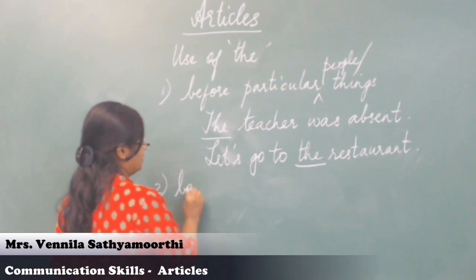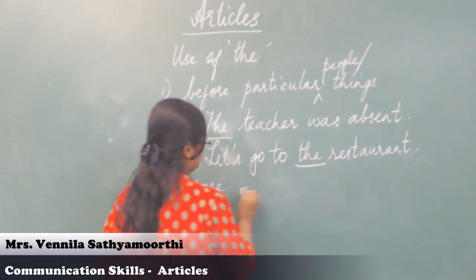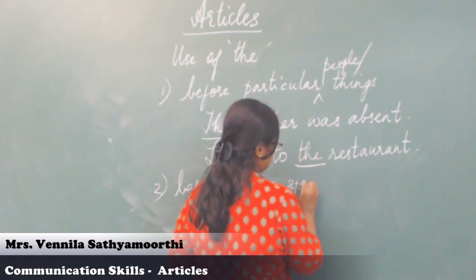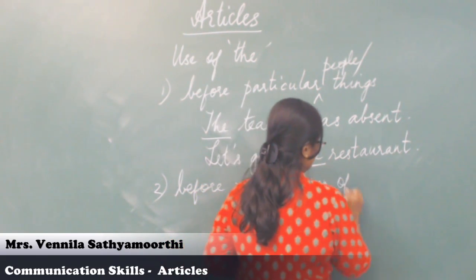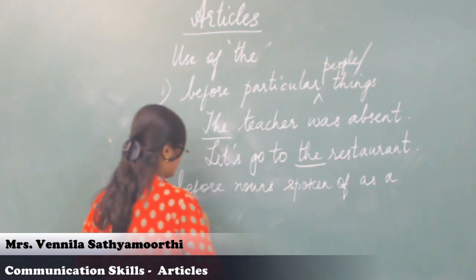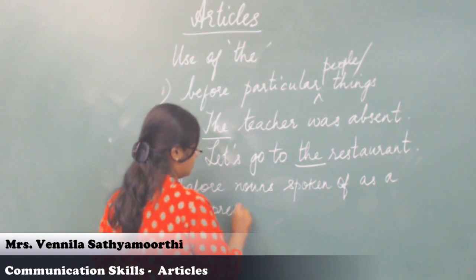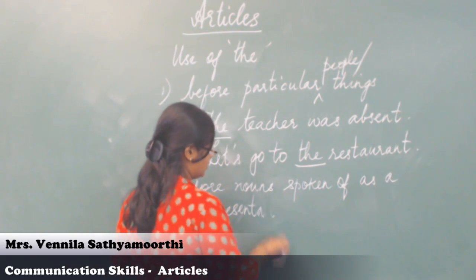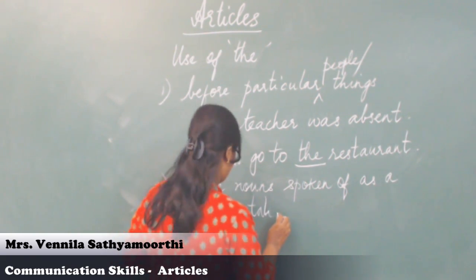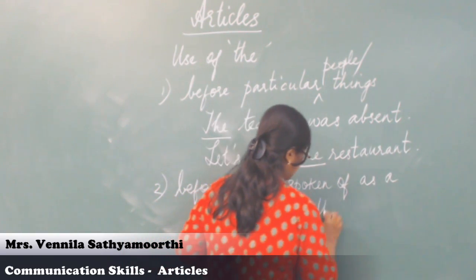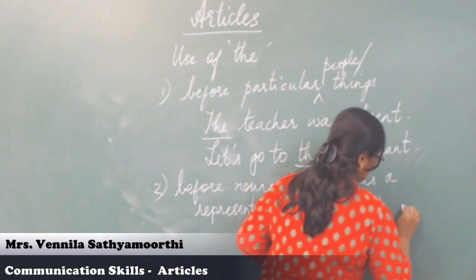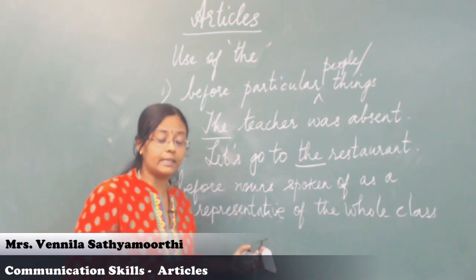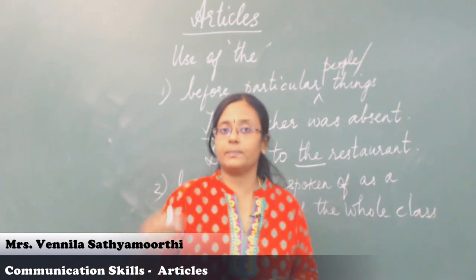Then the is used before nouns spoken of as a representative of the whole class. Now if you say the dog is a faithful animal, there you don't mean a particular dog or a specific dog.